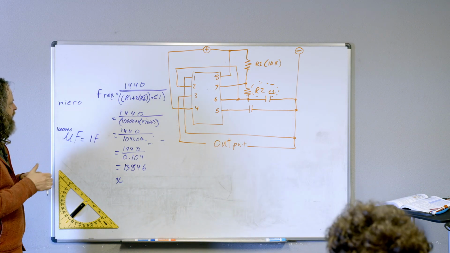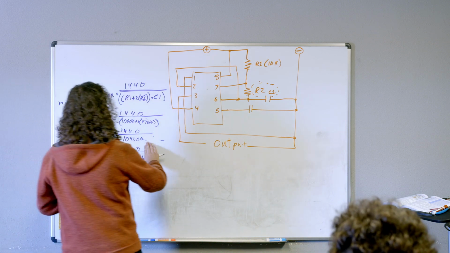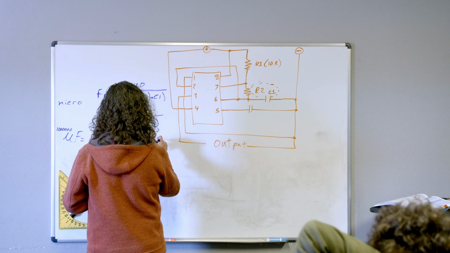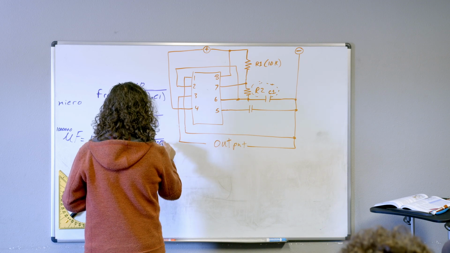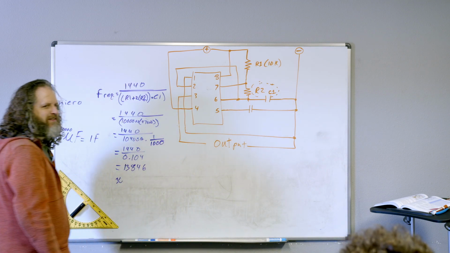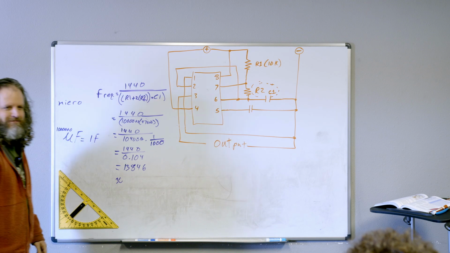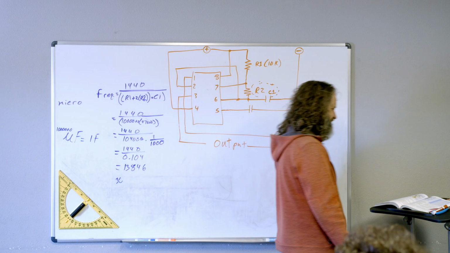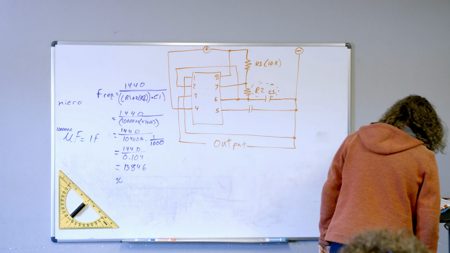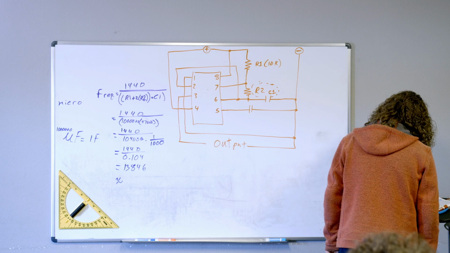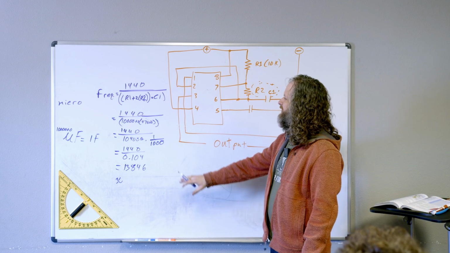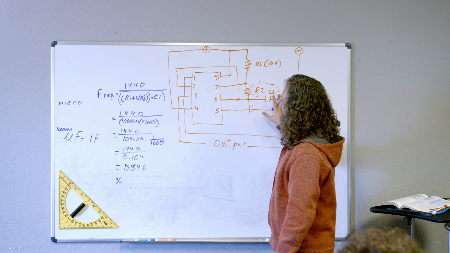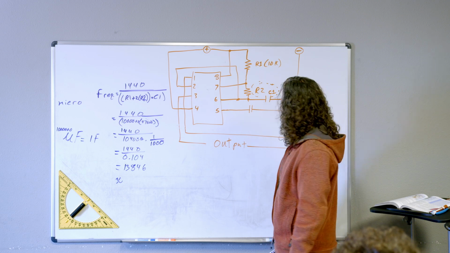Okay, so that means you would multiply this number times 1 over 1,000, which is a millifarad. I said that. You did. So C1 needs to be in millifarads to figure out the thing.